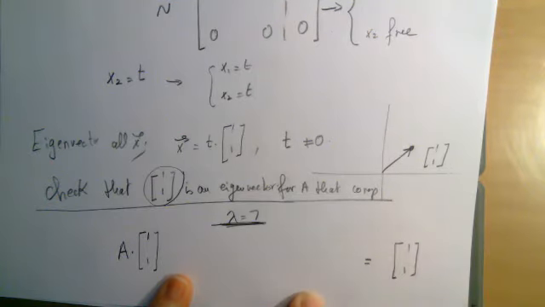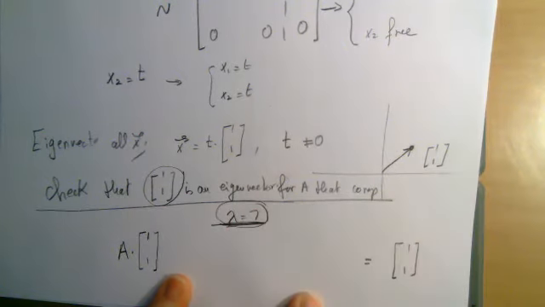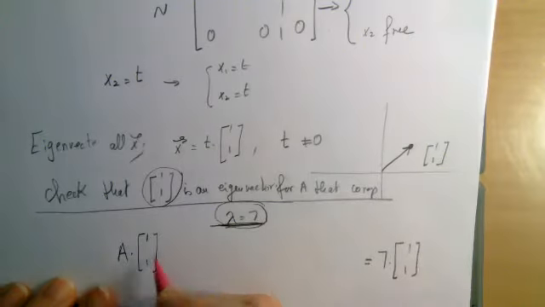It means it's lambda times (1, 1), and it corresponds to eigenvalue 7. I should check that when I multiply the matrix A by the vector (1, 1), I get 7 times the vector (1, 1).